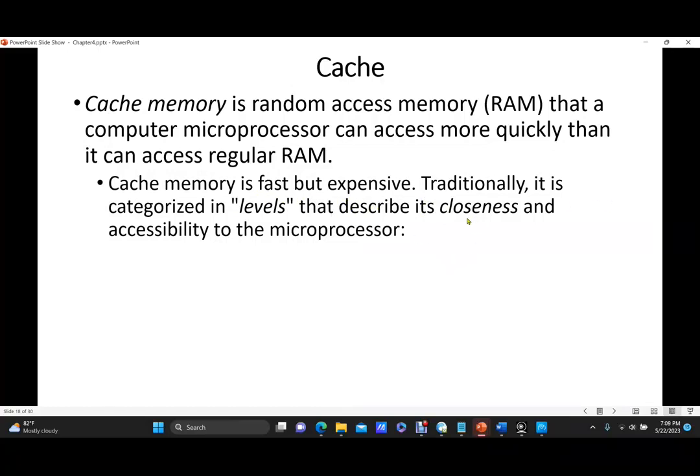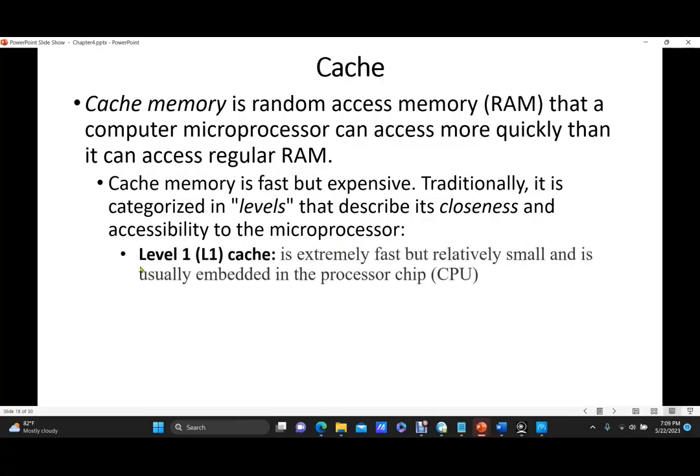Traditionally, cache memory is categorized in levels, describing how close it is, how accessible it is, how fast it executes. Level 1, L1 cache, is the fastest. It's extremely fast, but it's extremely expensive. It tends to be implemented in relatively small amounts, but normally it's built right into the processor chip.